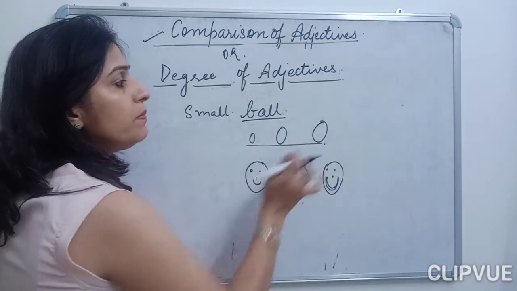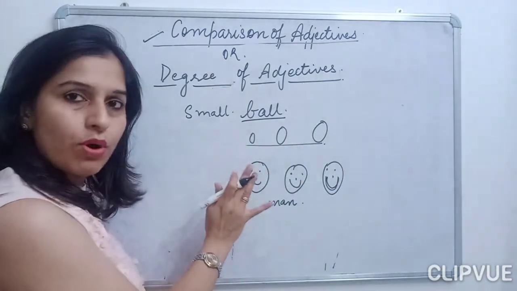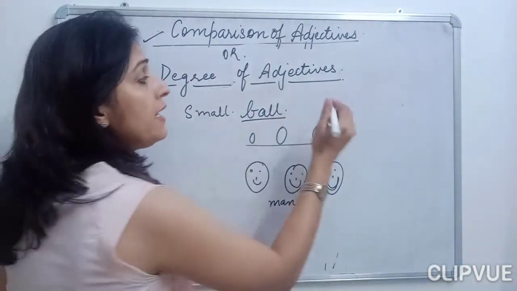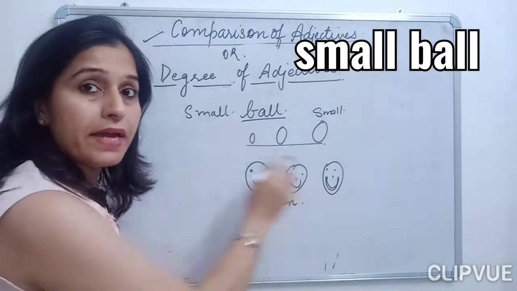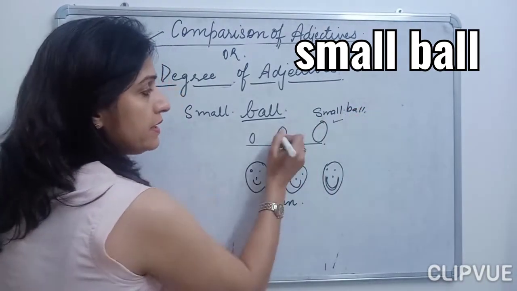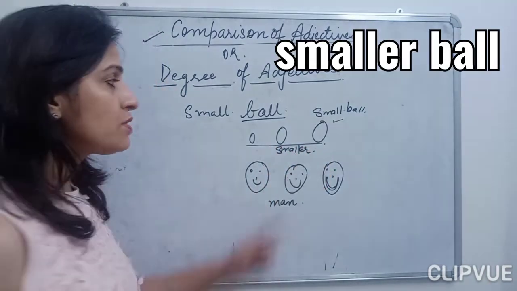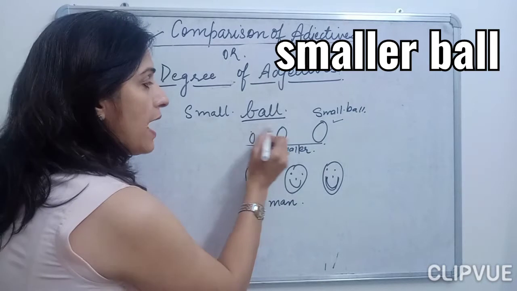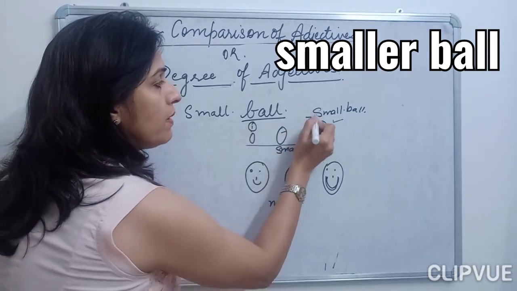I have 3 balls. Let me compare these 3 balls of mine. This is my small ball, among the 3 I am talking. This is my smaller ball. Why is this a smaller ball? Because I am comparing this ball with ball number 1 and ball number 3.